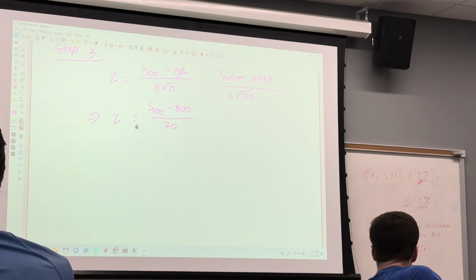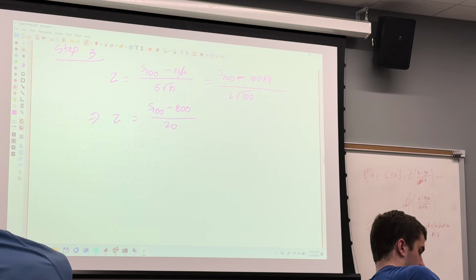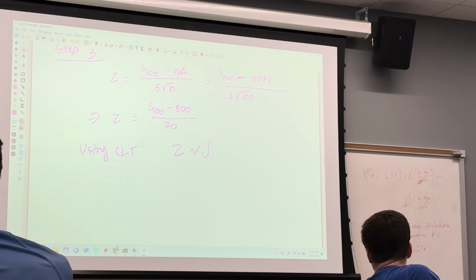Using the CLT, Z becomes a Gaussian random variable with parameters 0 and 1.